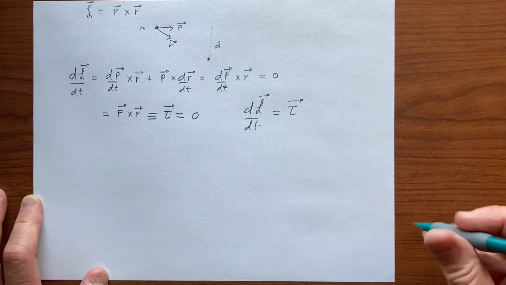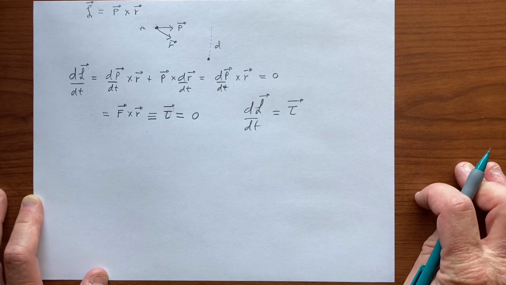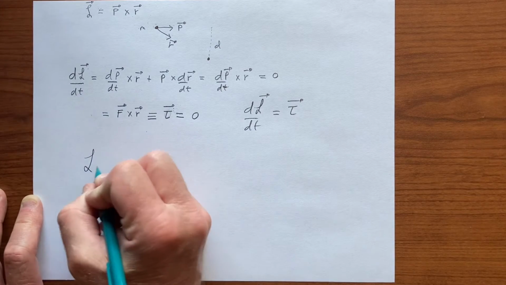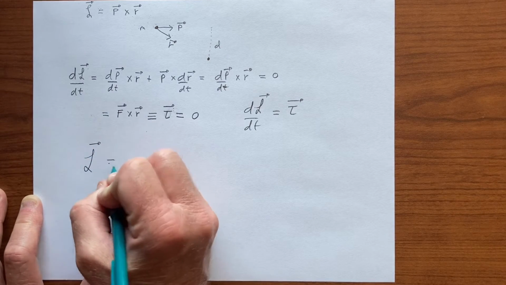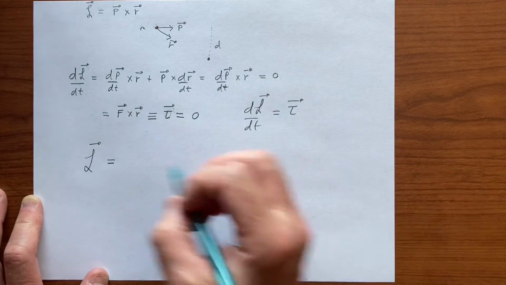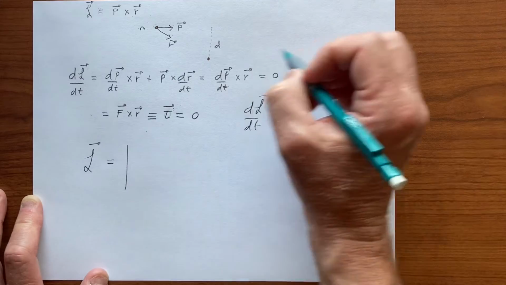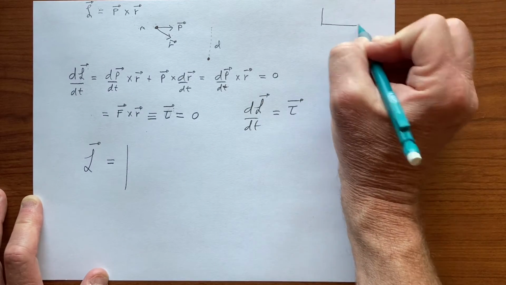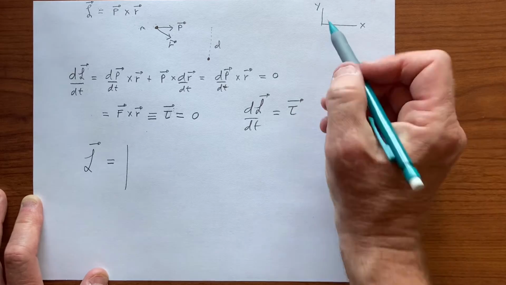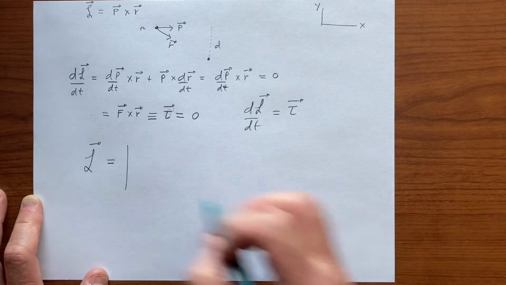And we could look at this in terms of a matrix. So the angular momentum is, let's say we choose coordinates. Let's say that x is horizontal, y is vertical, and z is perpendicular to the page.